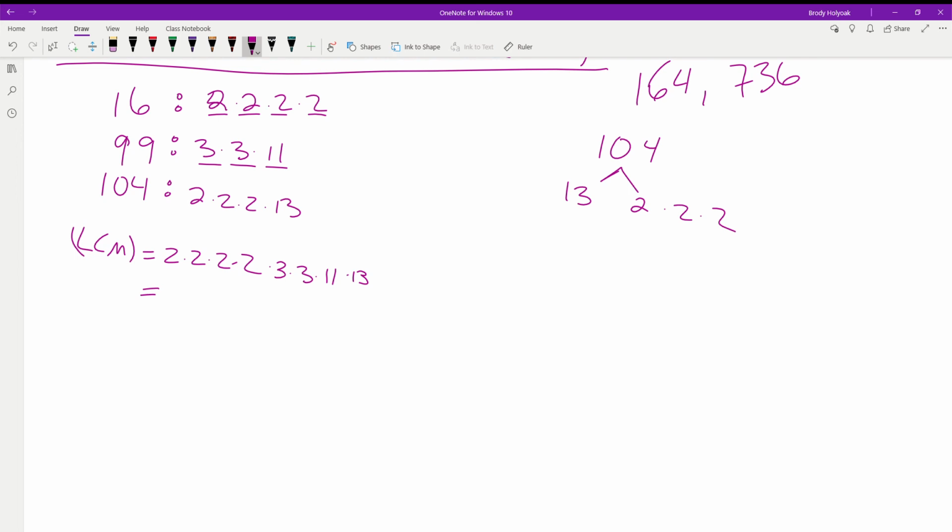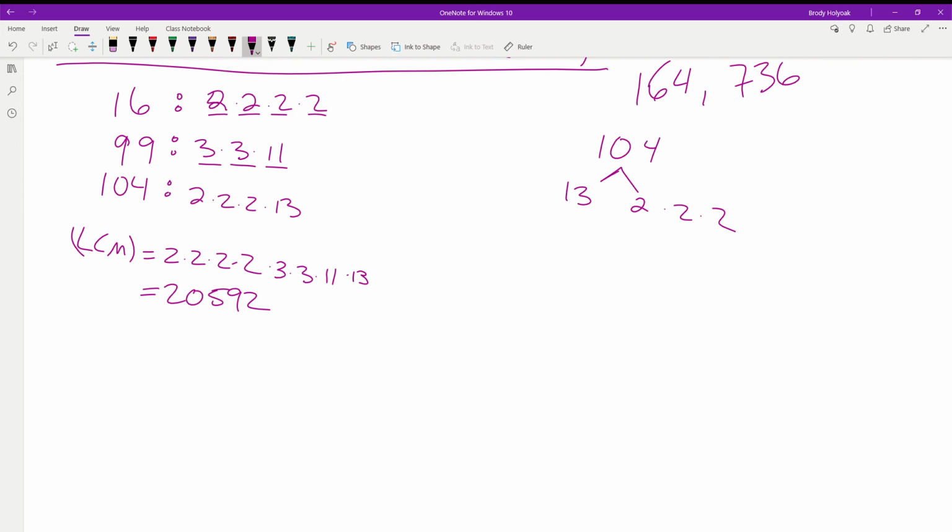Which, what does that number come out to be? Now, let's double check. We take the 20592, we divide that by 16. That gives us 1,287.